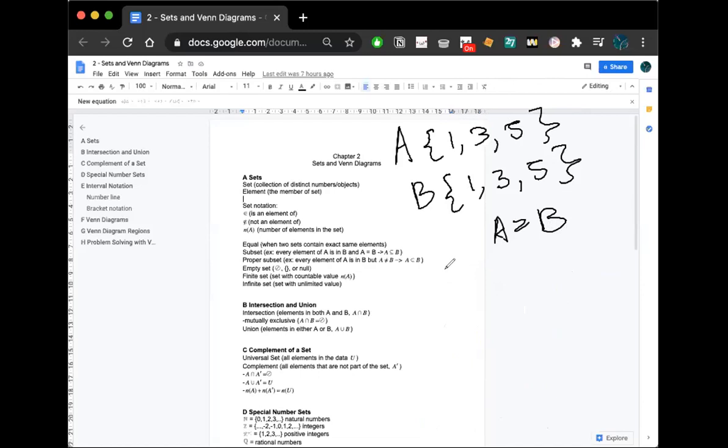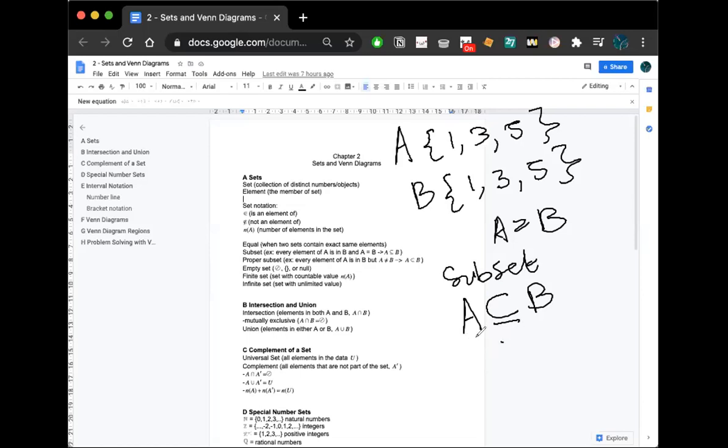Okay, and then there's also subset. So subset is denoted by this symbol, and if you have this kind of thing, it's usually kind of like saying that it's inside.